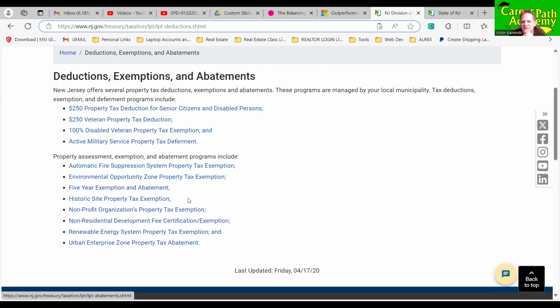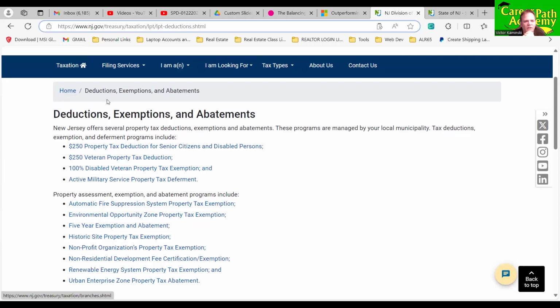Sometimes they incentivize this by, if you have new construction in certain areas, not charging you tax for the improvements to the property, only for the land, or at a discounted rate, for several years. Environmental enterprise zone programs, fire suppression systems. There used to be a lot more, actually. So they kind of cut back on those tax break programs, or at least they're not showing them all here, because they still do have them available for farmland and such. They just don't advertise them anymore. So I don't know where they hid them.